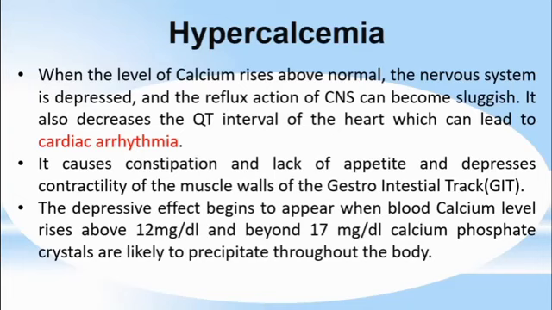The depressive effect begins to appear when blood calcium level rises above 12 milligrams per deciliter, and beyond 17 milligrams per deciliter, calcium phosphate crystals are likely to precipitate throughout the body. So that is a very dangerous condition.